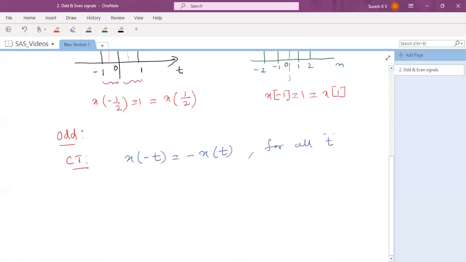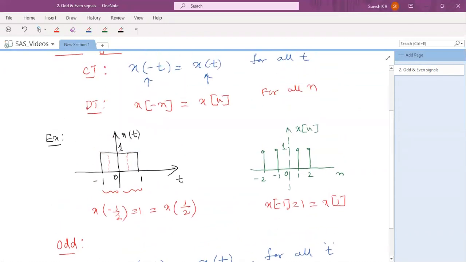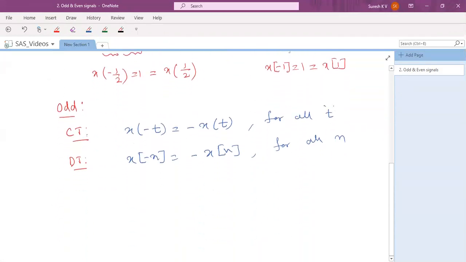This is for the continuous case. Similarly, for a discrete time signal, x of minus n is the same as minus of x of n, again for all values of n. So if this condition is satisfied, the signal is an odd signal.